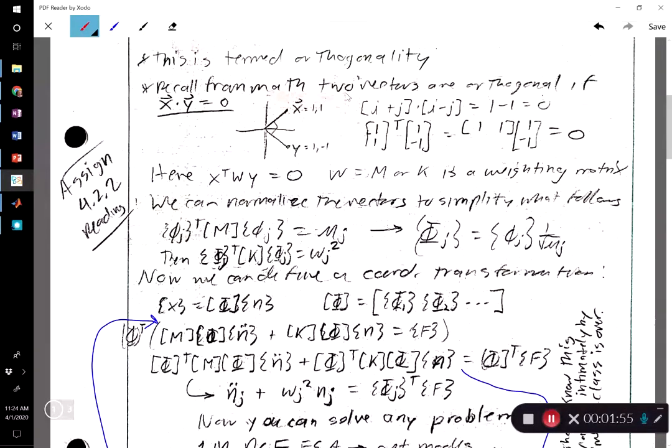What do I mean by orthogonal? Well, let's just review math really quickly here. Remember that two vectors are orthogonal if they have a 90-degree angle between them in a two-dimensional or three-dimensional space. And there's a test for orthogonality involving the dot product. If we take the dot product between two vectors x and y, if that dot product is equal to 0, then the vectors are orthogonal.